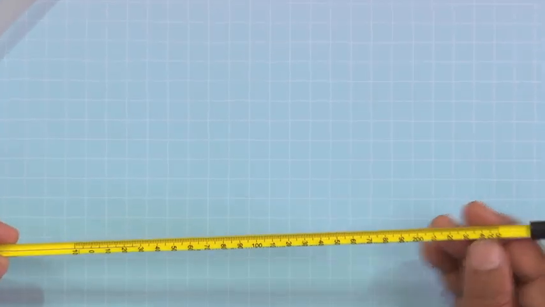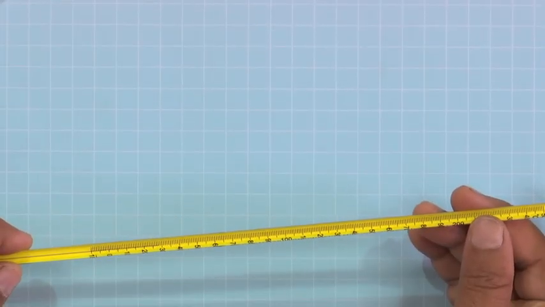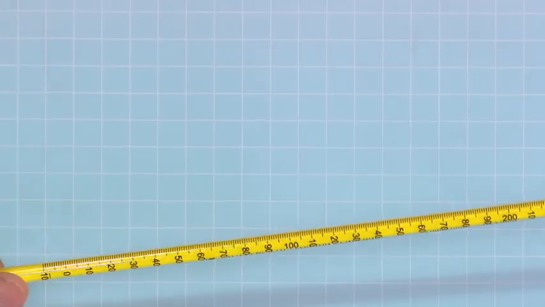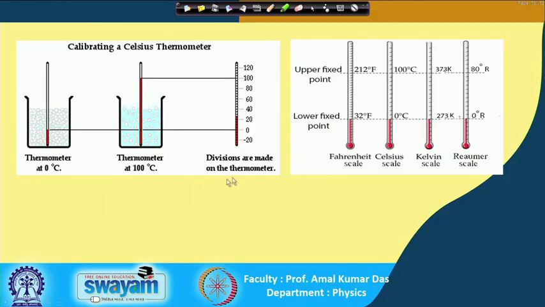Okay. So, now the question is how it is made. Here I can also see minus 10 degree, and in the picture I am also seeing minus 20 degree. So, I think if you know these two points, 0 and 100, then you have the division.